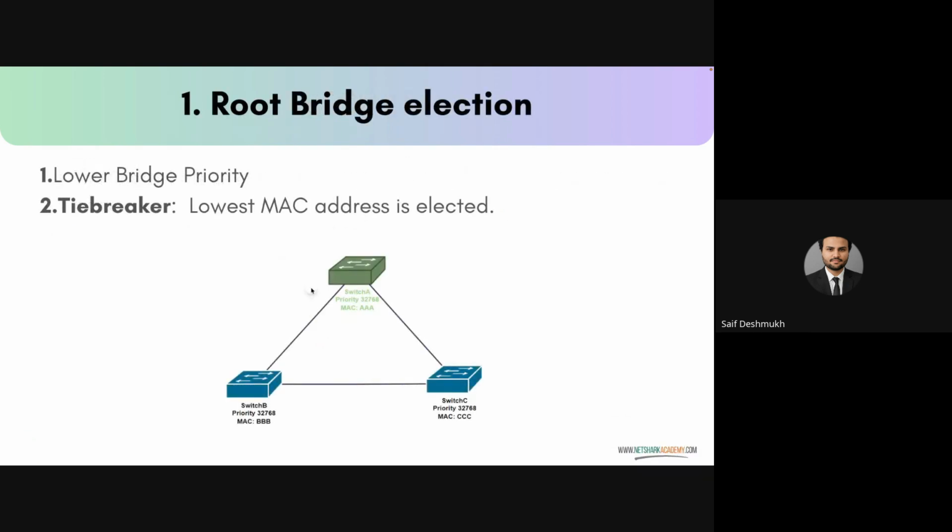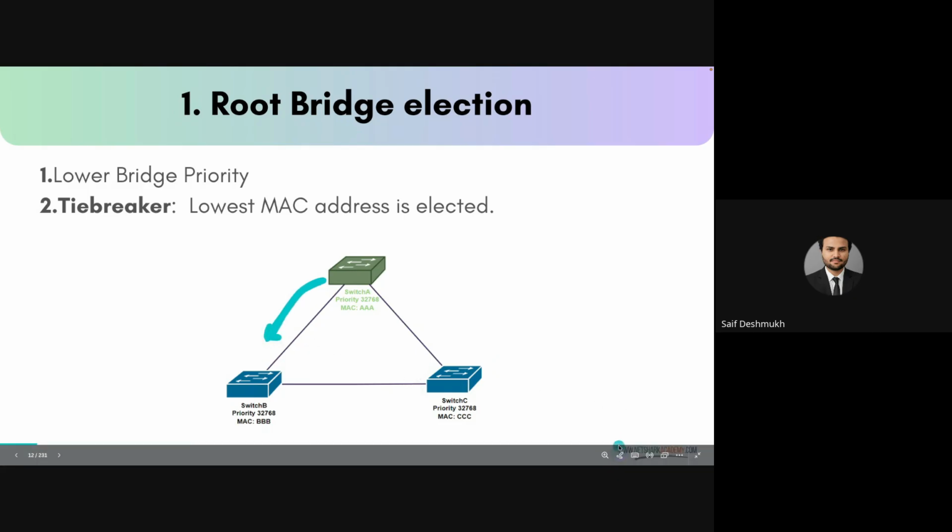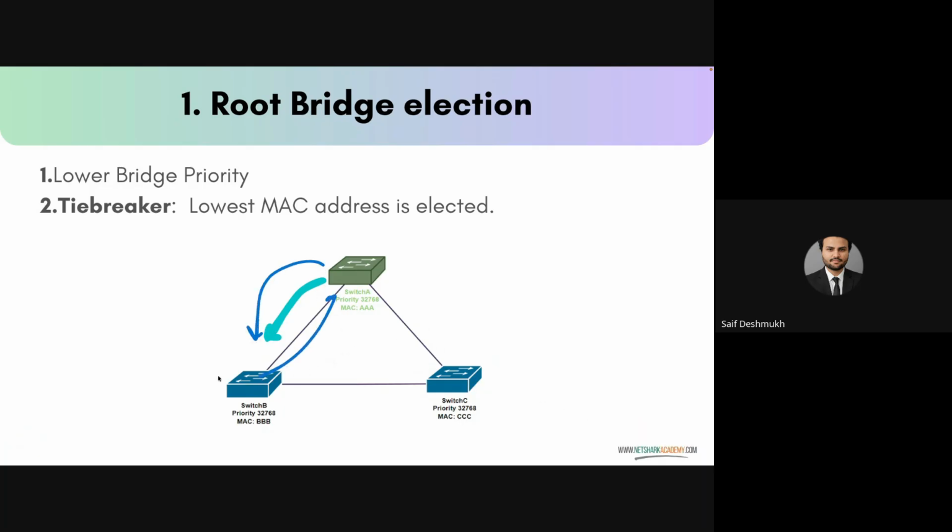So here, switch A is sending a BPDU. Switch B is also sending a BPDU. And in those BPDUs, they will have two things: the priority plus the MAC address.